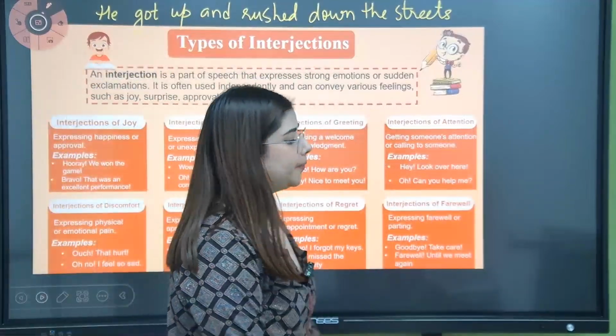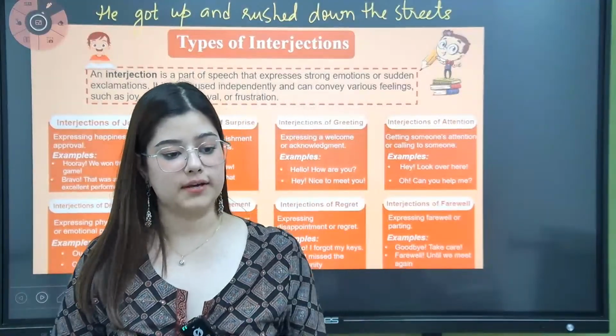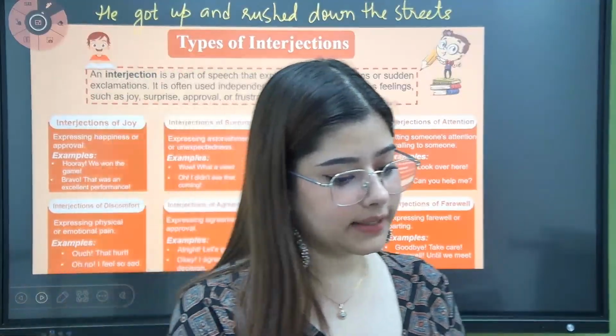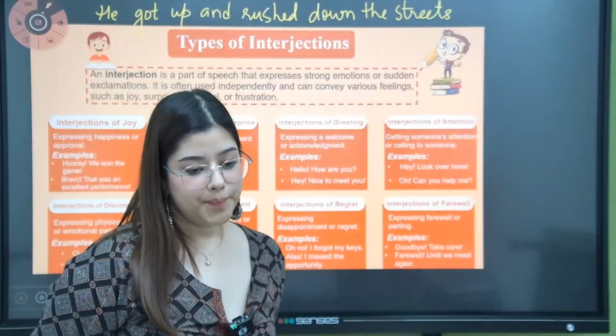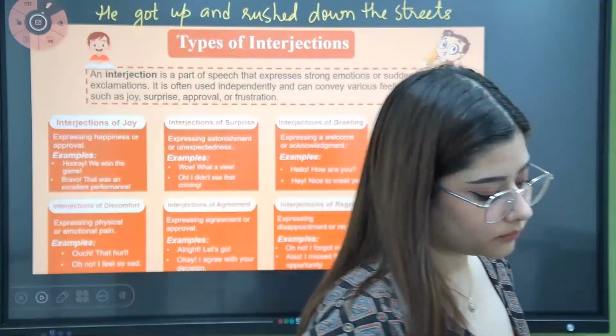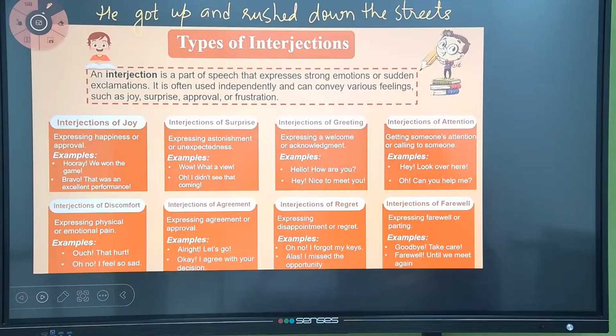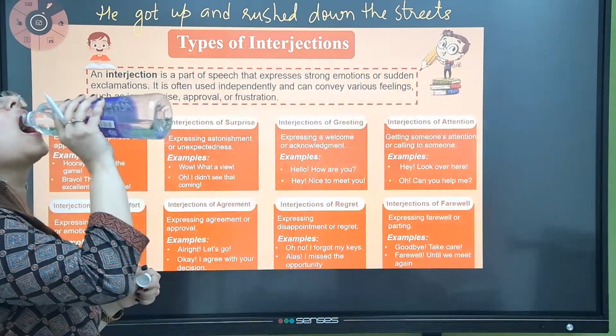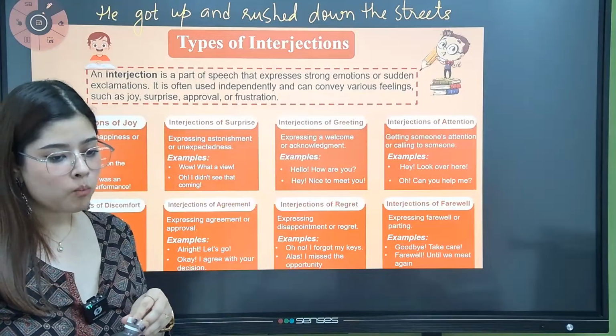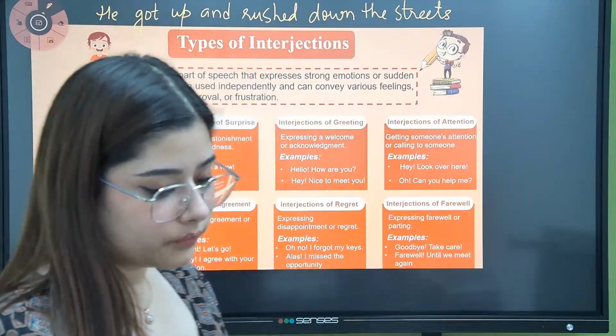He got up and rushed down the streets. How many prepositions are there in the sentence? Anyone?